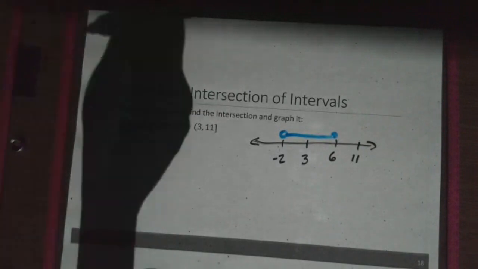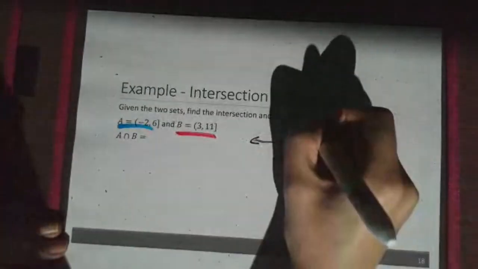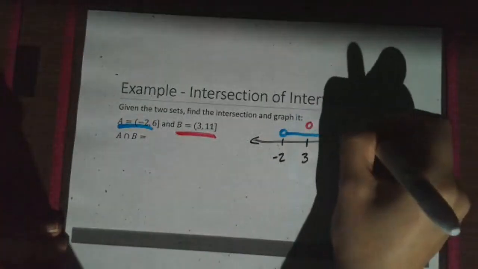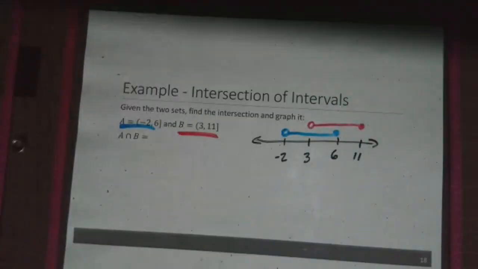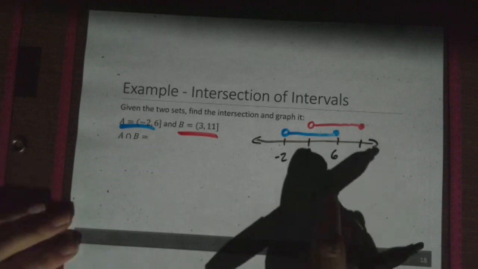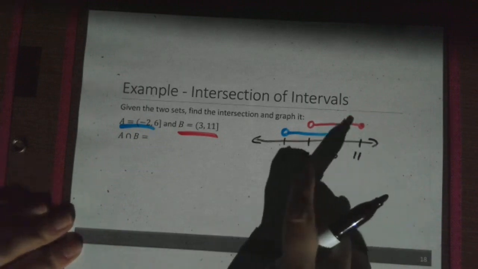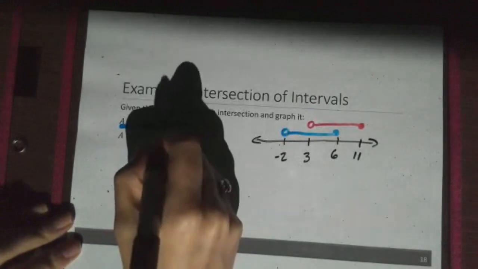And then we did B in red. Open circle at 3, closed circle at 11, stuff in between. This time we're finding the intersection. Intersection means and, so I need to be in both of them. So I need to be in both blue and red. So wherever blue and red overlap, that's going to be between 3 and 6.